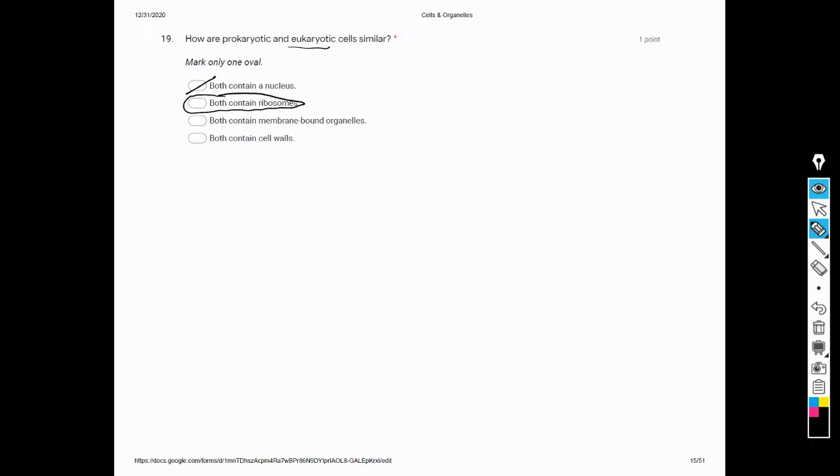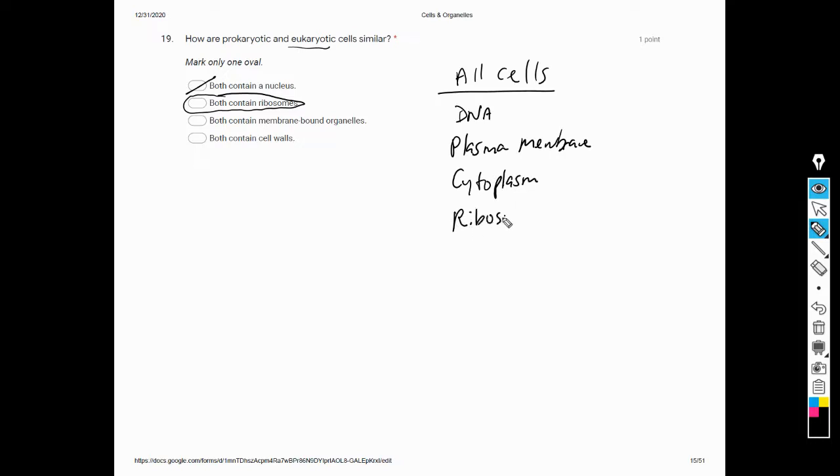If you remember a few things from cells, which was a really long time ago, all cells have DNA, all cells have a plasma membrane, all cells have cytoplasm, which is just the fluid inside the cell, and all cells have ribosomes. So all cells have those items right there.